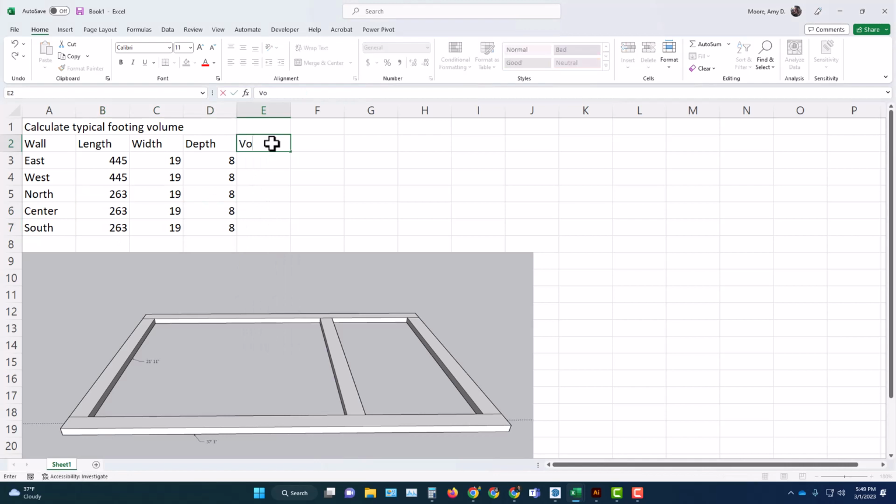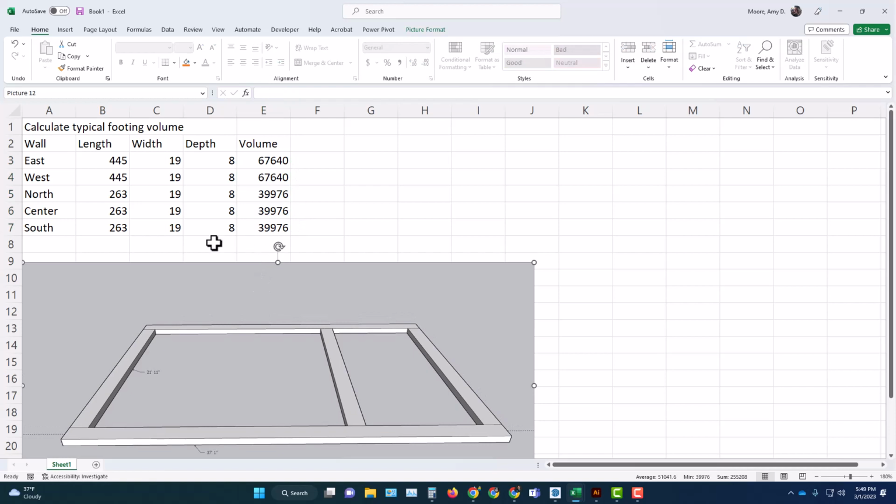For volume, I'm going to multiply each part. And I'm going to copy that formula on down, move my picture down.